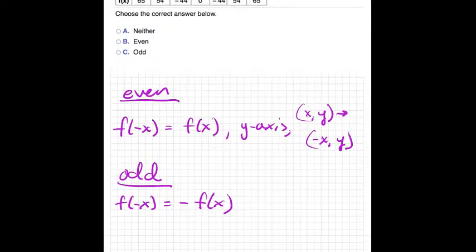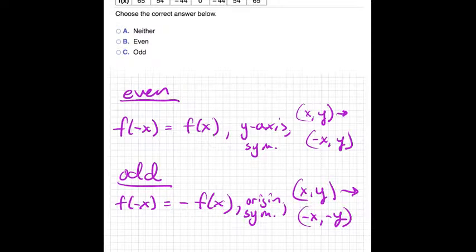The y value stays the same, but the x values change. Another way to articulate a function being odd is origin symmetry. And another way to see this one is whenever we have x comma y, we also have negative x comma negative y, right?